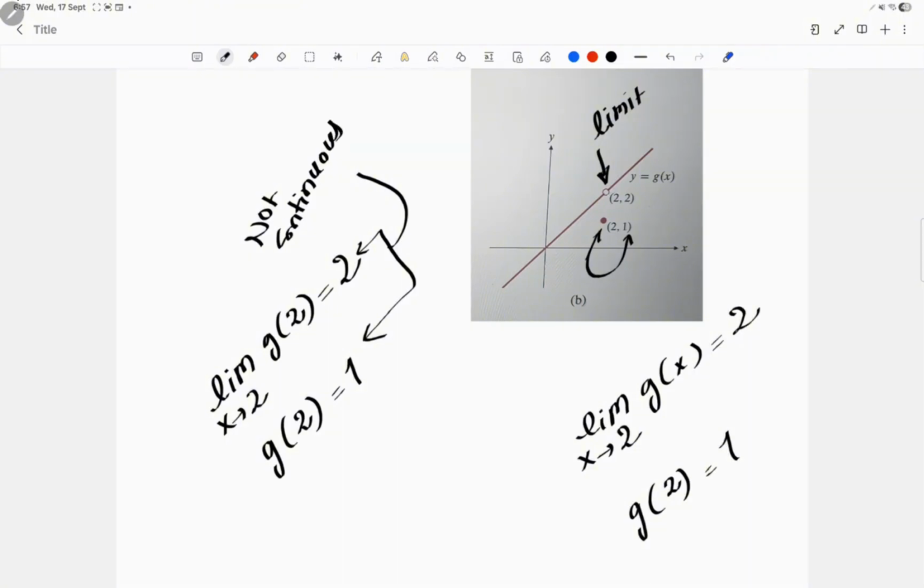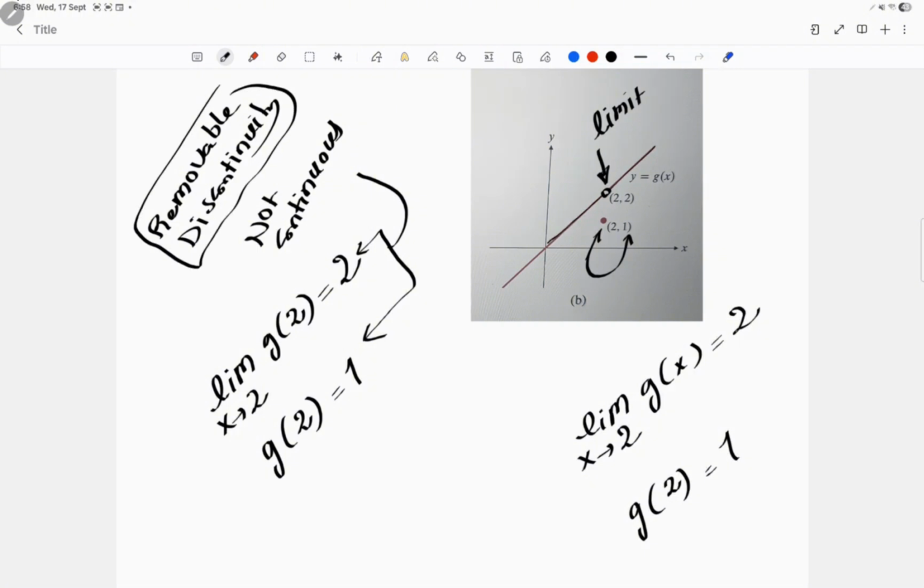And whenever you see a hole on a line, it's called removable discontinuity. Whenever the hole is on the line and the line extends on its left and on its right, it has this name. Something had to be removed at some point for the hole to exist. Good.